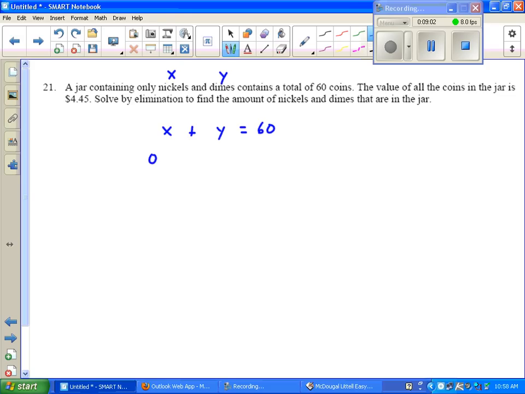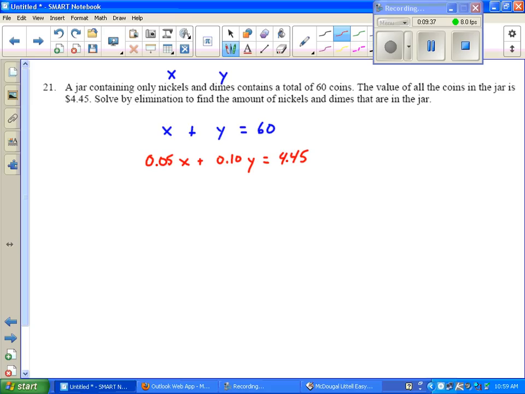So 0.05, that's just saying 5 cents or 0.05 of a dollar, times however many nickels we have, plus 0.10 times however many dimes we have, equals $4.45. That would be your second equation.